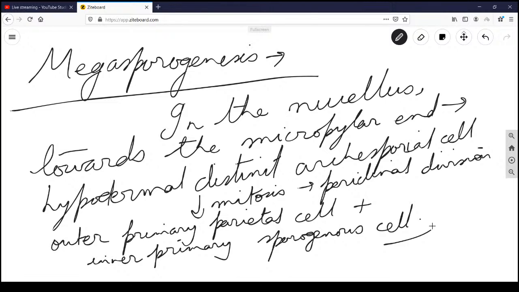Keep in your head very clearly, it's a mitotic division, equational division, not the reductional or meiotic division. Now, the primary parietal cell differentiates further to form the parietal tissue of the nucellus. The outer one will form the parietal tissue of the nucellus.